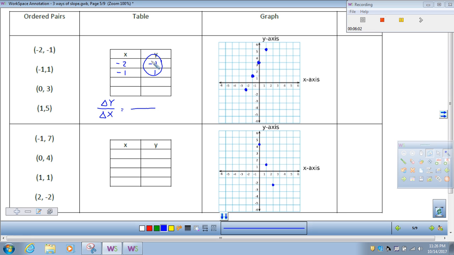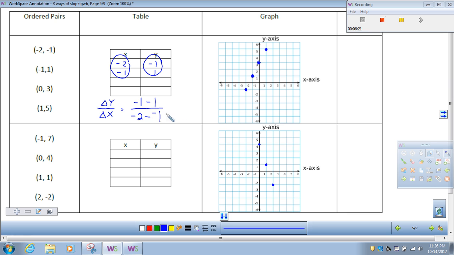So the change in y will go top minus bottom, so negative 1 minus 1, and then the change in x, and we'll have negative 2 minus, very important that you get that negative when you do the 1.